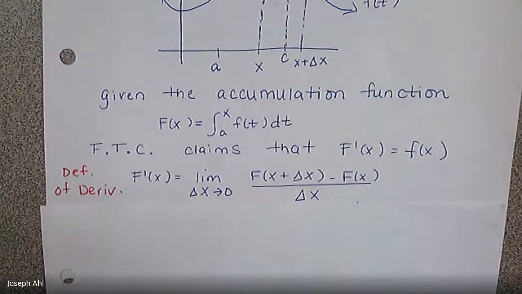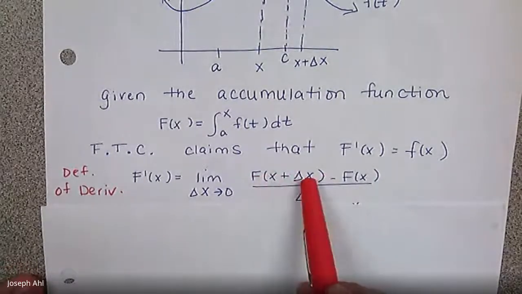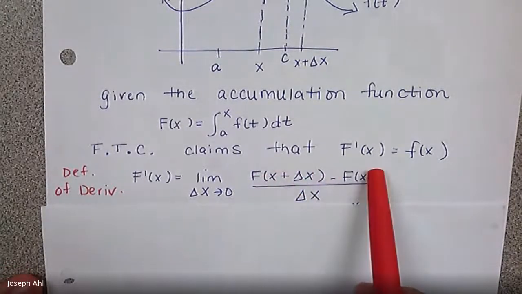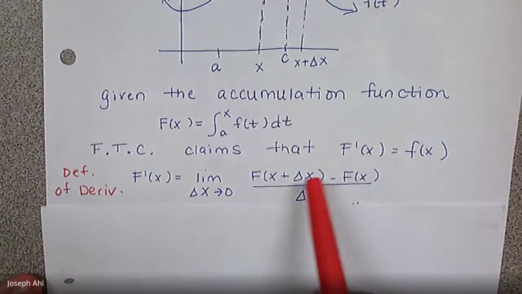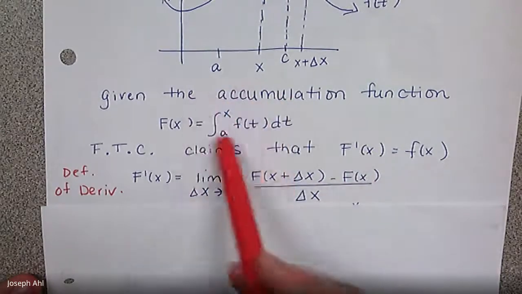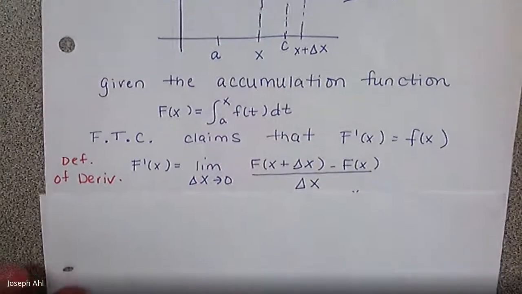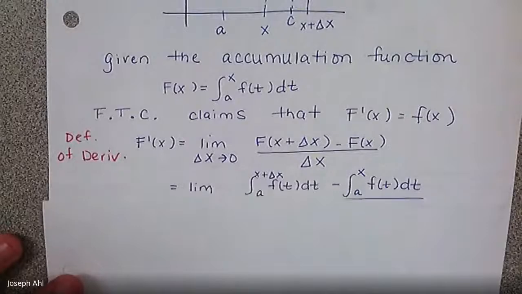Well, because we're using capital F in this case, these are both accumulation functions. So since there are these accumulation functions, we can replace it with this notation in the next step by doing the following.